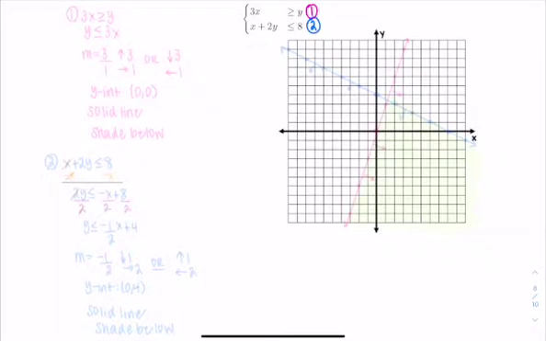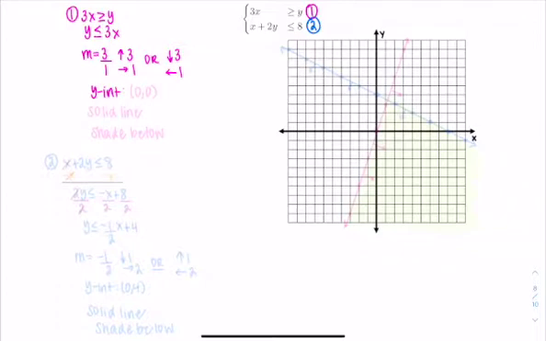So looking at the first inequality, we have 3x is greater than or equal to y. I am just going to flip this, and when I flip the sides, I have to make sure that I flip the sign. And so my slope equals 3 over 1, which means that I'm going to go up 3 units and to the right 1, or I'm going to go down 3 units and to the left 1 unit.